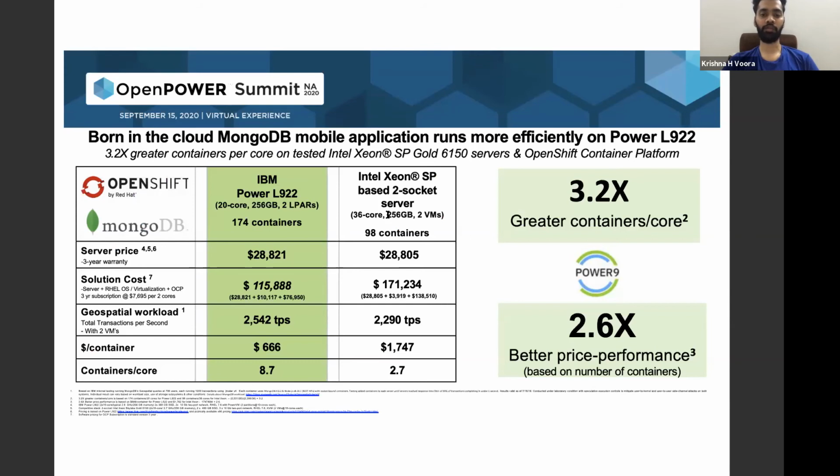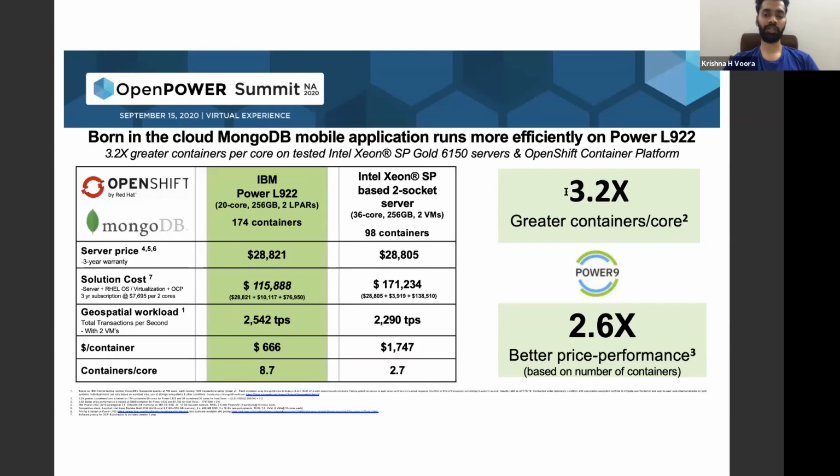They both have the same RAM, 256 GB, which is being shared across two VMs. We had 18 physical cores per VM on Intel and 10 physical cores per VM on Power.